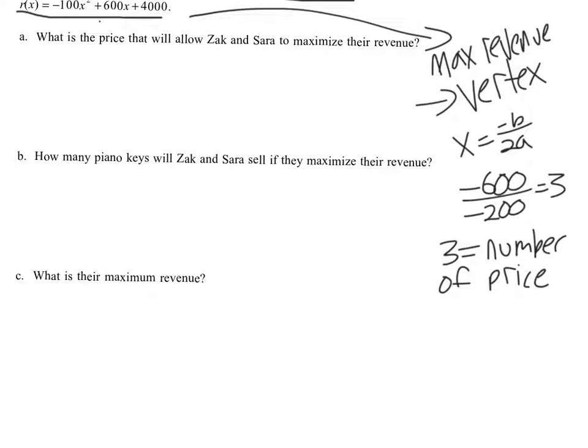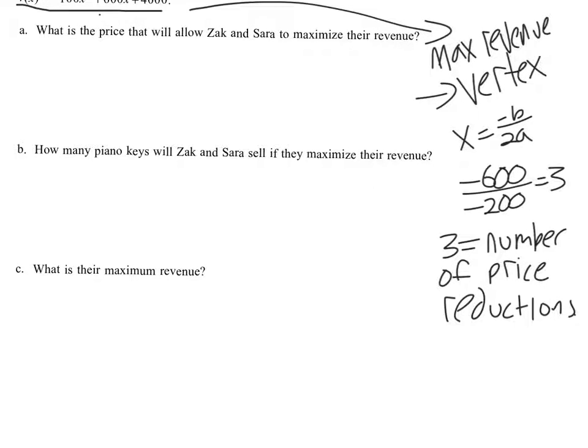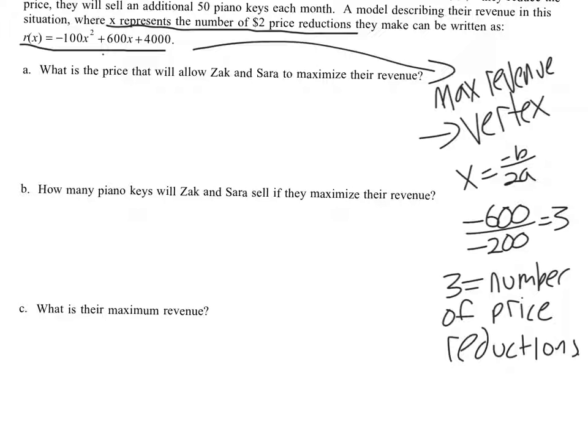Zoom up a little bit. I can actually answer my third question easiest from this point because I already have an equation for revenue, and I have x equals 3 is going to be what goes in there.